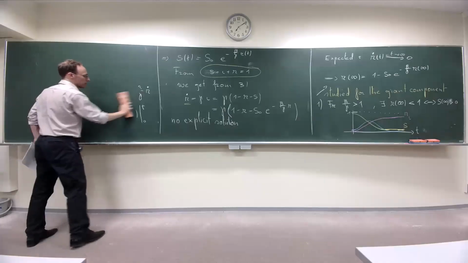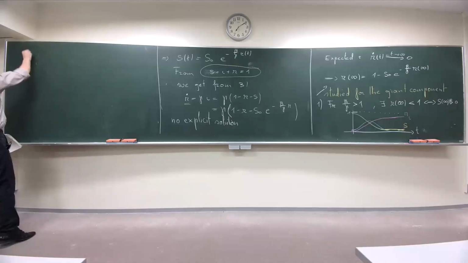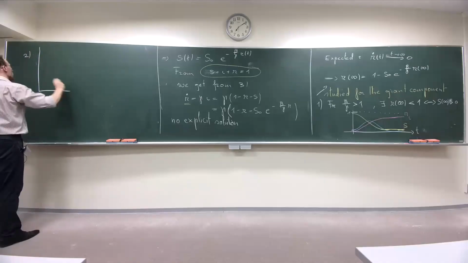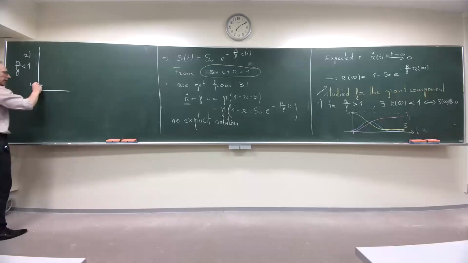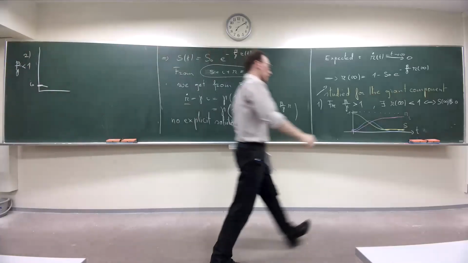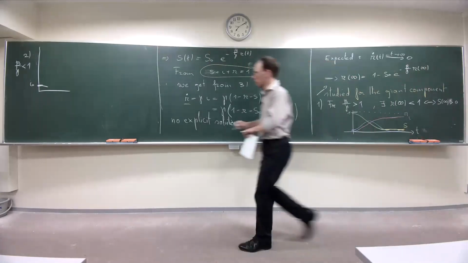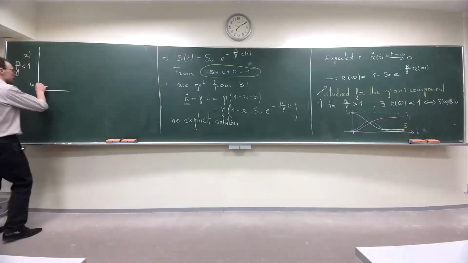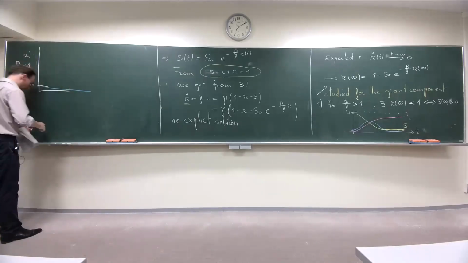The other case, which is simpler, is when beta over gamma is strictly smaller than 1. So you start at I0, and I will use the same color. The infected is simply decaying to 0.